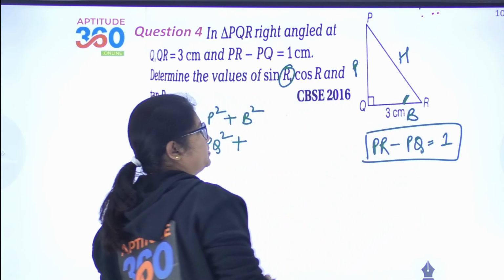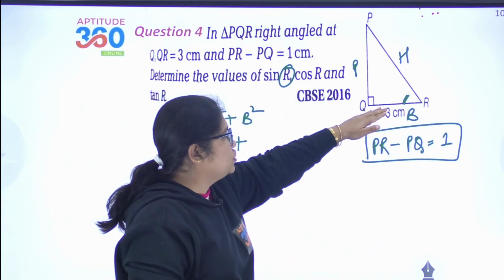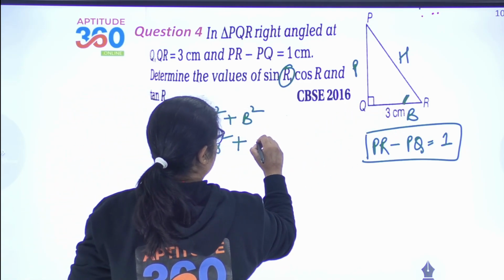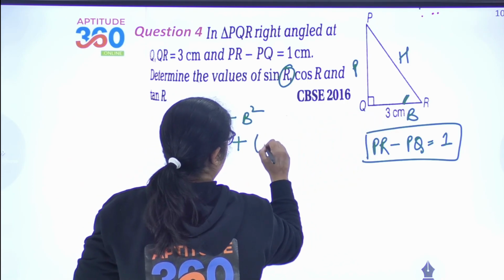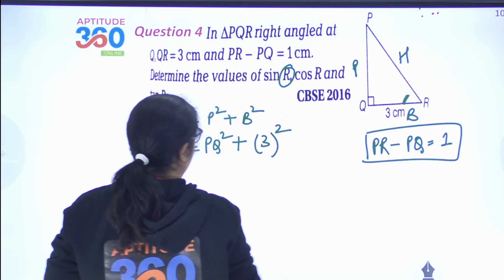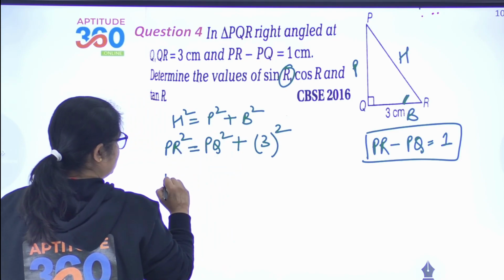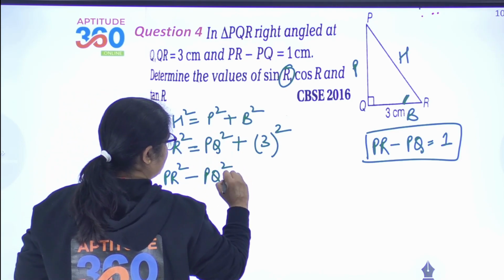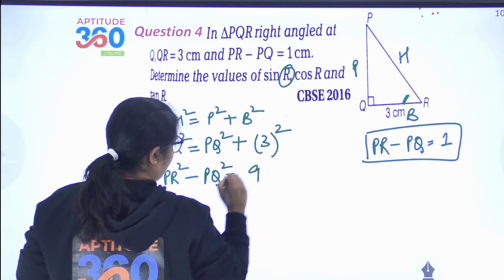This is my base, correct? The side adjacent to your angle of reference. So what is your base? Your base has a value of 3. Now if I take the unknown variables to one side, what I would get is PR square minus PQ square is 3 square, which is 9.